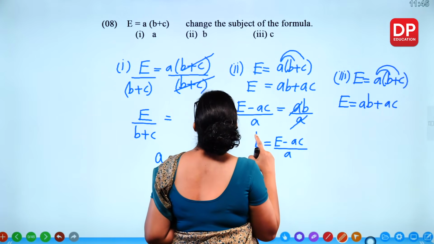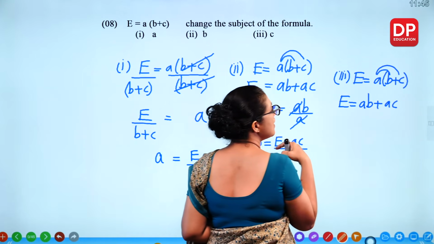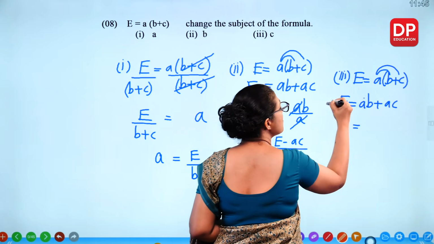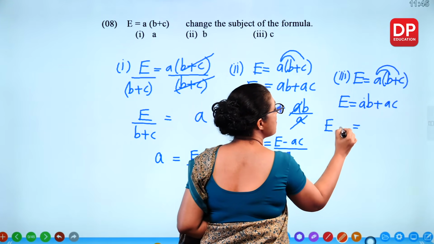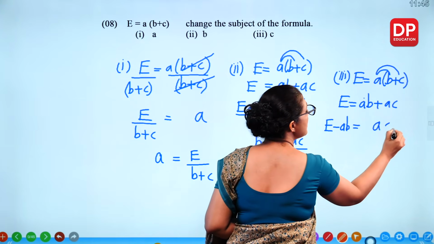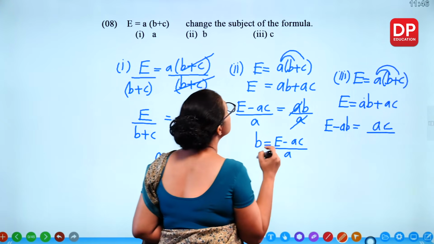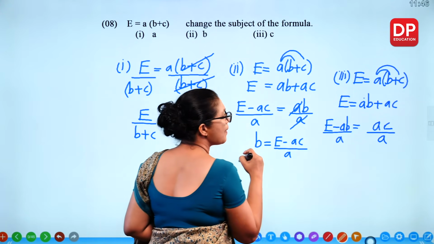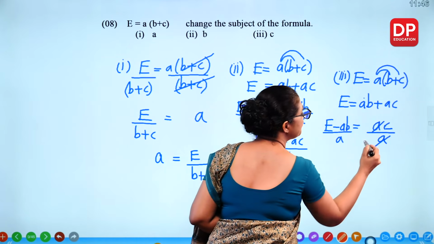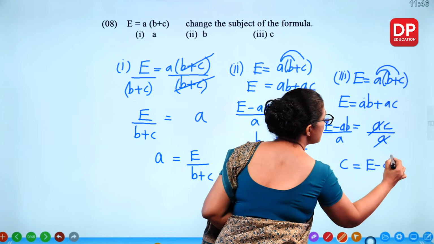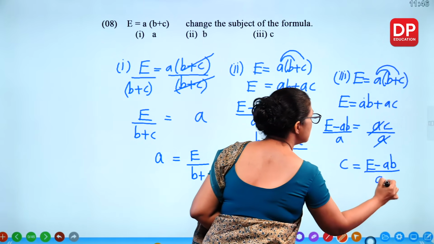Then keep C on one side, so this term you have to take to the other side. E minus AB is equal to AC. To make C the subject, you have to divide both sides by A. So C is equal to E minus AB over A.